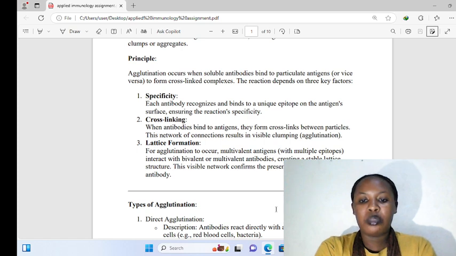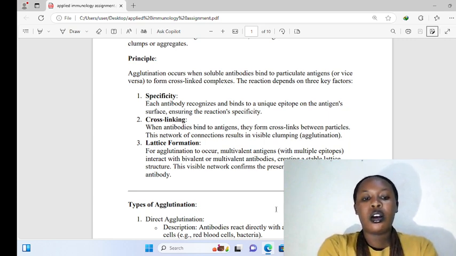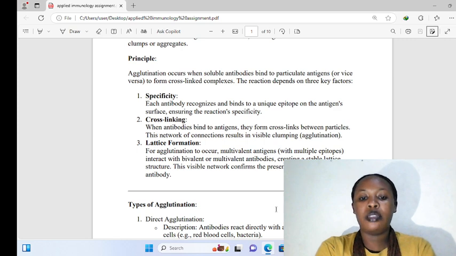The reaction depends on three key factors. One is specificity, second is cross-linking, third is lattice formation. About specificity, each antibody recognizes and binds to a unique epitope of an antigen. For cross-linking, when antibodies bind to antigens, they form what we call cross-links between particles.